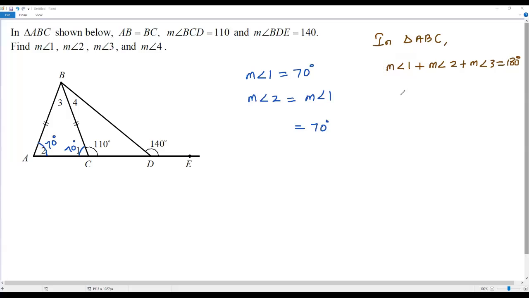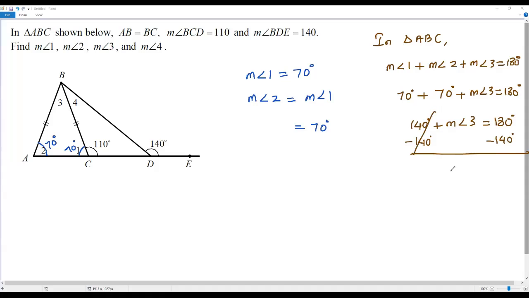Angle 1 is 70 degrees and angle 2 is also 70 degrees, and we have to solve for angle 3. Combining 70 and 70 gives 140 degrees, plus the measure of angle 3 equals 180 degrees. Subtract 140 degrees from both sides, and the 140s cancel out. So the measure of angle 3 equals 180 minus 140, which is 40 degrees.